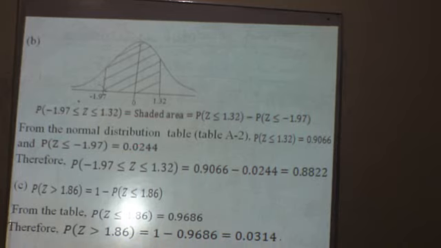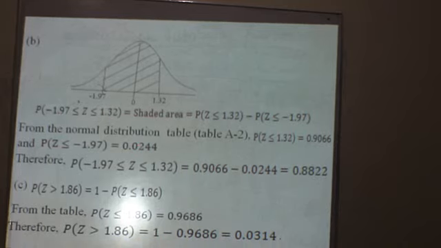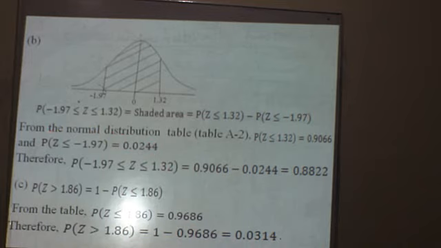Now let's go back to the table and determine the area bounded by Z less than or equal to negative 1.97. This time, since it is negative, we go to the negative side of the table.